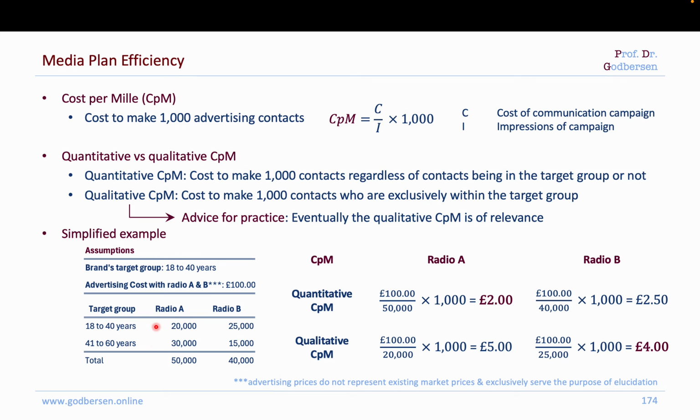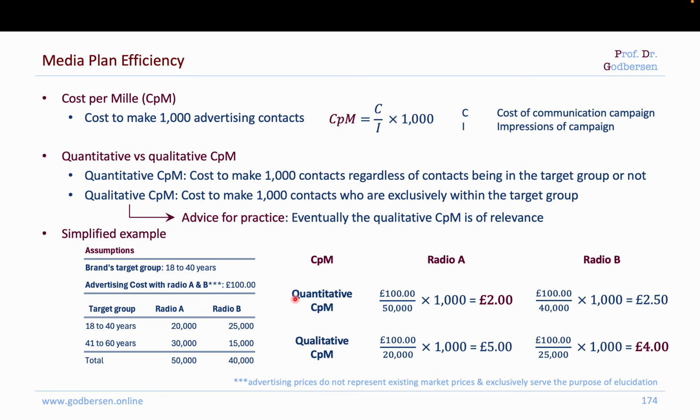Radio station A has 20,000 listeners in the age bracket of 18 to 40 years and 30,000 listeners in the bracket of 41 to 60 years. Radio B has 25,000 listeners in the bracket of 18 to 40 years and 15,000 listeners in the bracket of 41 to 60 years. So the total reach is 50,000 for Radio A and 40,000 for Radio B.